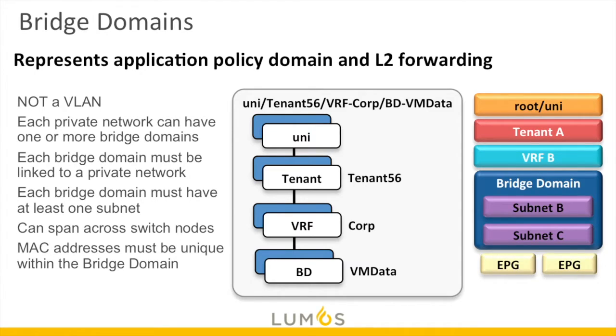A bridge domain is a collection of one or more subnets. So we can assign a subnet to a bridge domain. We're going to put ANPs, application network profiles, inside of them. In fact, an ANP could span multiple bridge domains. It can span multiple switch nodes, and MAC addresses must be unique within a bridge domain, but they can be identical outside of a bridge domain.